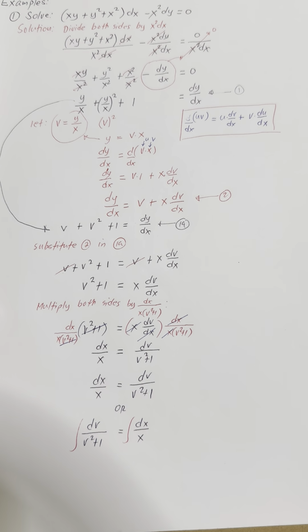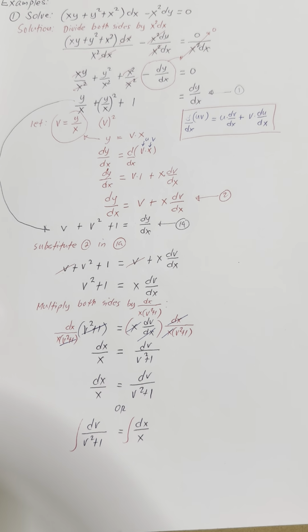Okay, so the integral of this one from the formula of integral calculus is equal to arctangent v. Okay, then equal to ln of the absolute value of x, then plus c.